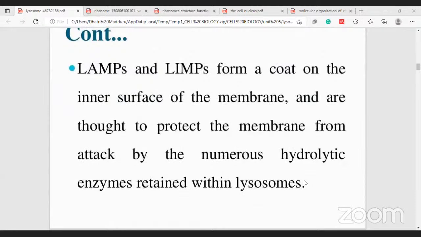When such enzymes are present, they can act on their own cell and destroy themselves. So in order to protect the membrane, these LAMPs and LIMPs form a coat inside the surface of the membrane so that these hydrolytic enzymes cannot damage the membrane.